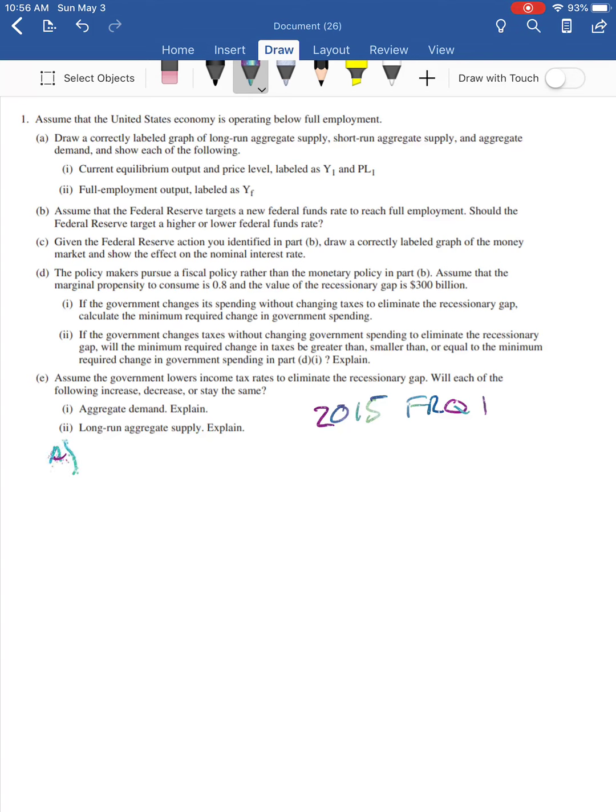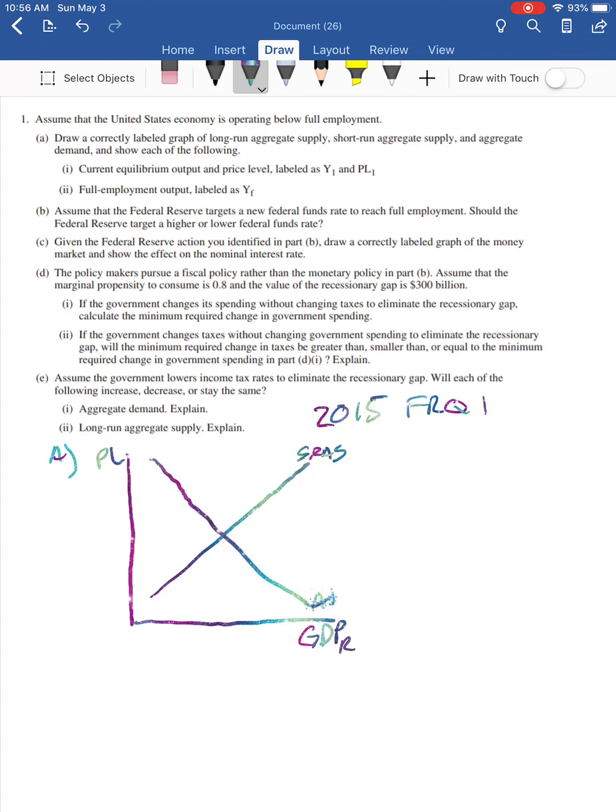For letter A, we need to make sure we label the graph properly. So we'll put the price level over here, GDP real. And the first thing I like to do is just draw the short run aggregate supply, draw the aggregate demand, and then say, okay, well, where does the long run go?